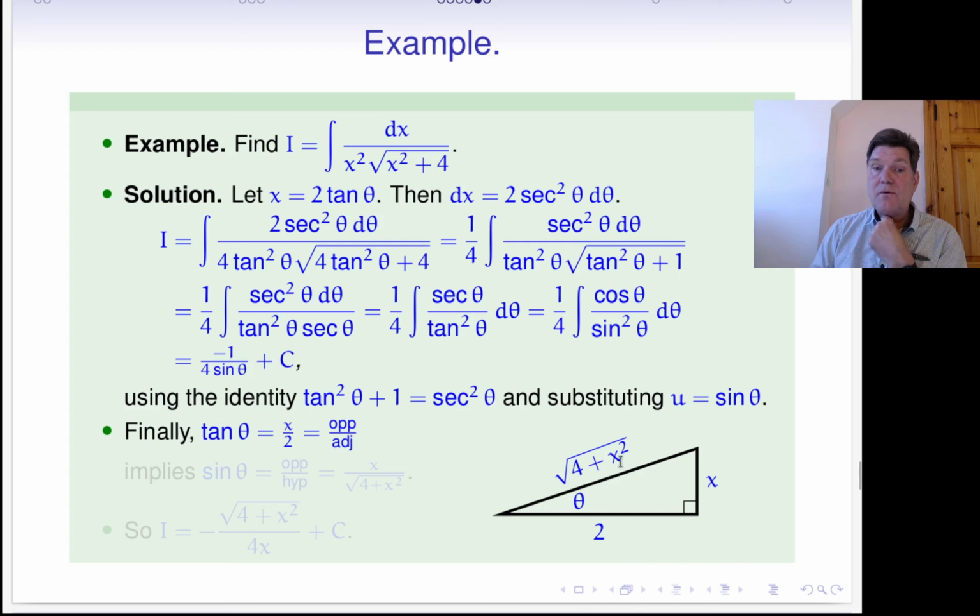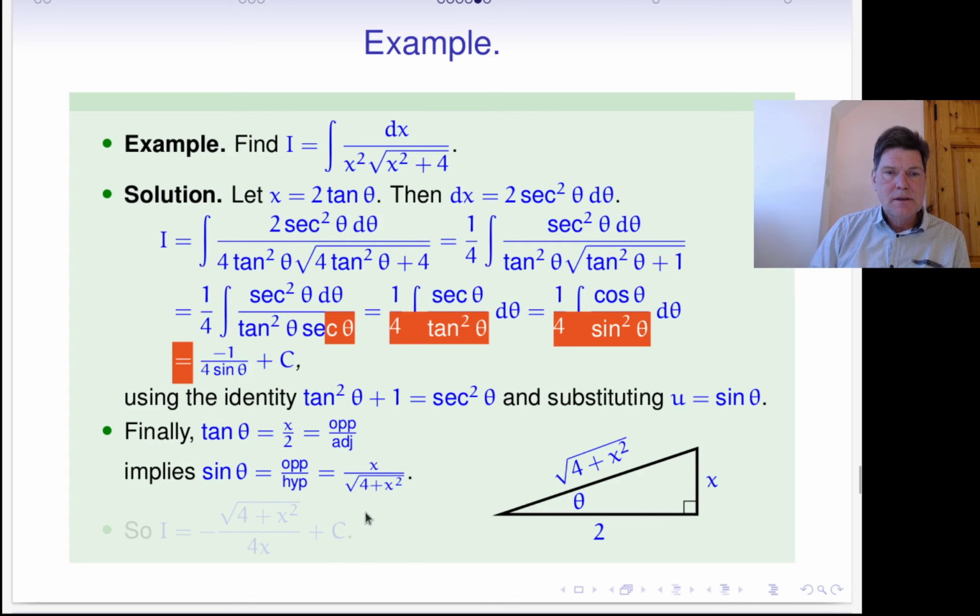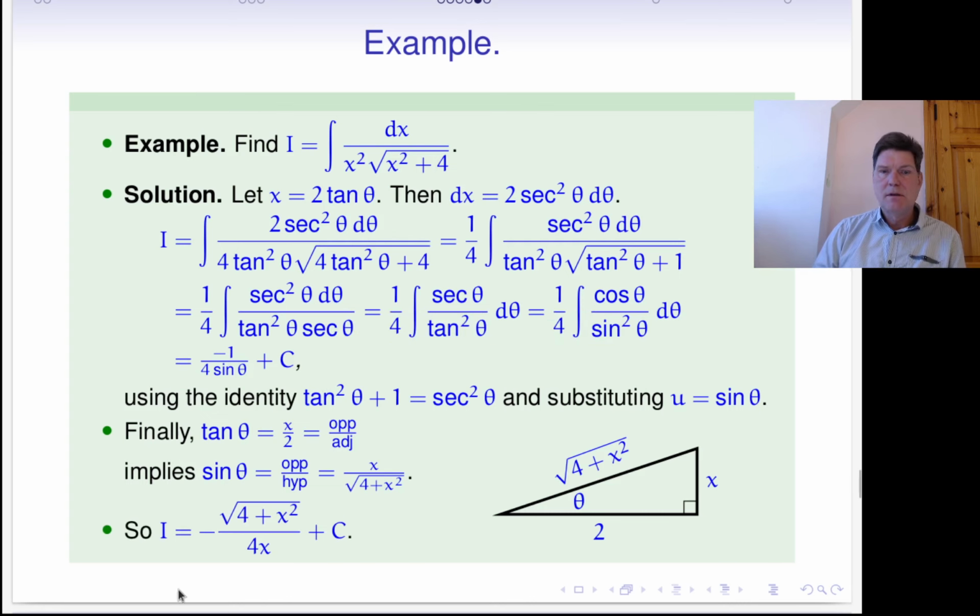That's the square root of 4 plus x squared. And therefore the sine of theta, as opposite divided by hypotenuse, becomes x over the square root of 4 plus x squared. And that's something we can substitute in the current form of the integral, and finally arrive at the value minus square root of 4 plus x squared divided by 4x plus c for the integral.